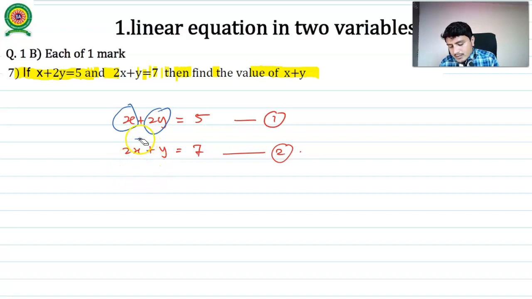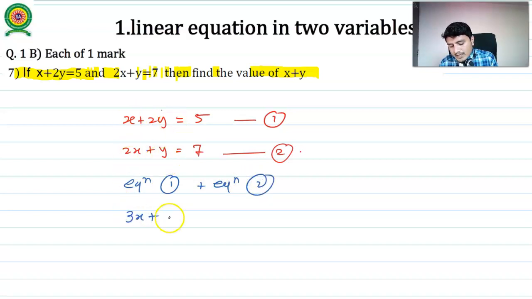Once the coefficients are interchanged, and both equations have a plus sign in the middle, we add the equations. Equation 1 plus equation 2: x plus 2x is 3x, while 2y plus y is 3y, which equals 7 plus 5, that is 12.